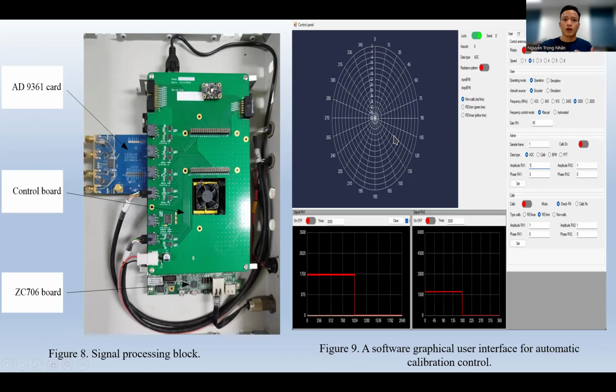Further, the entire calibration system was controlled through the designed graphical user interface, as shown in figure 9.